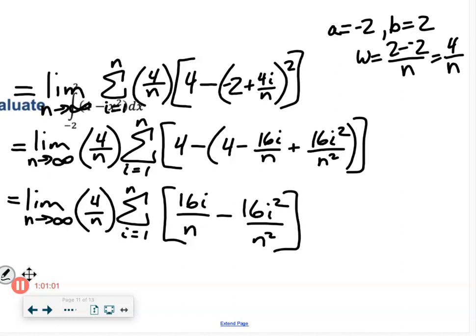Mihika, how you doing? Has everyone figured out their little algebra mistakes and cleaned it up and gotten to this point?